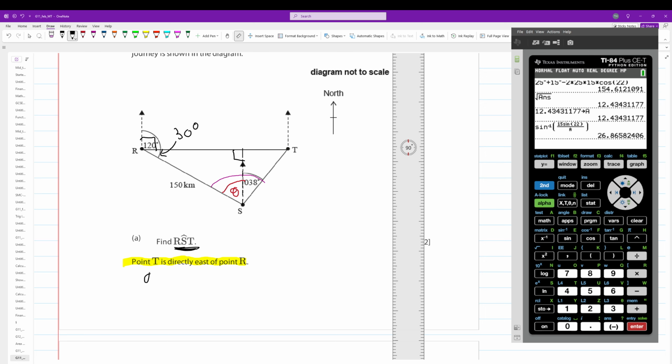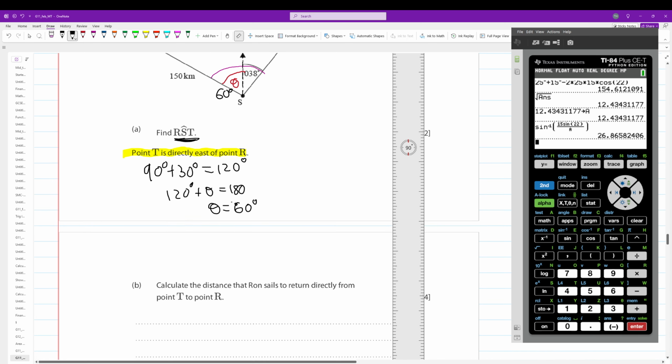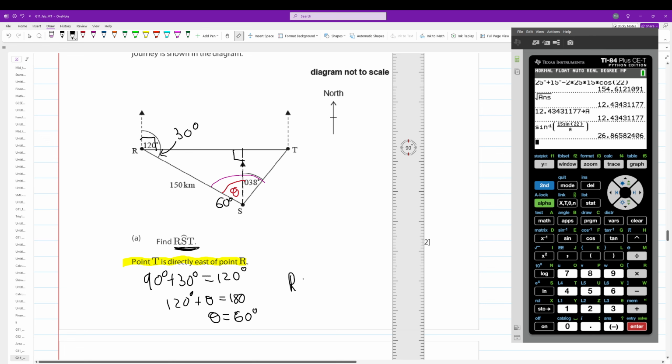If that bit's 90 degrees, 90 add 30 is 120. And then 120 add theta must be 180. So theta must be 60. Which means that the angle RST must be 98 because I add on the 38. 60 add 38 is 98.